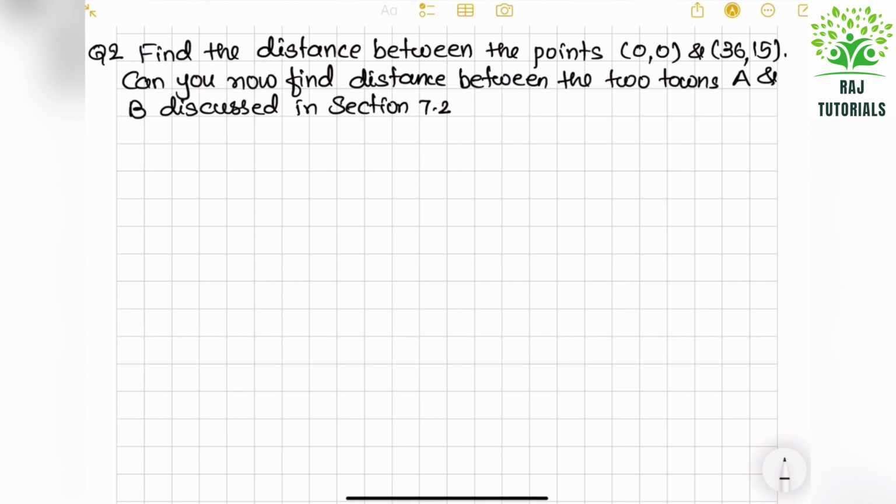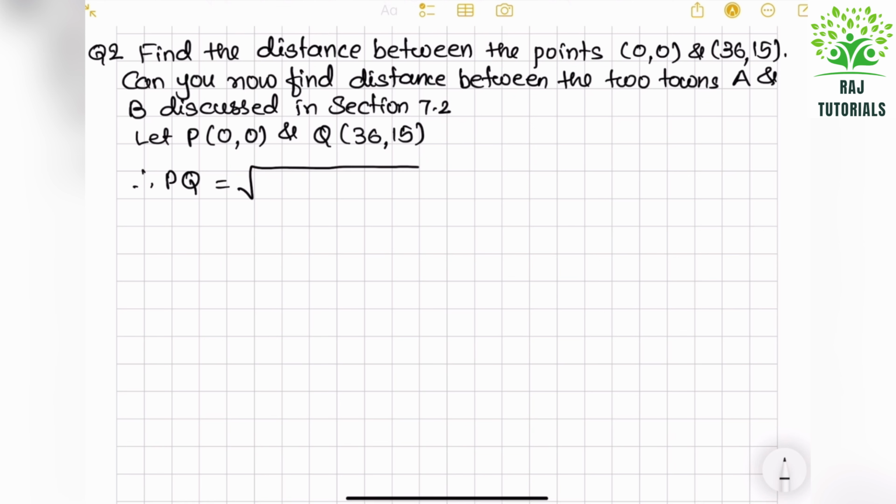Now question 2 says find the distance between the point 0, 0 and 36, 15. Can you now find the distance between the two towns A and B discussed in section 7.2? So now let P be 0, 0 and Q be 36, 15. Therefore, PQ will be equal to x2 minus x1 whole square plus y2 minus y1 whole square.